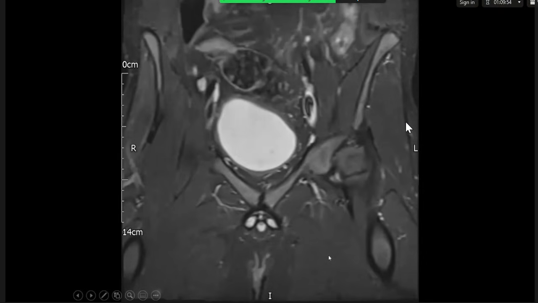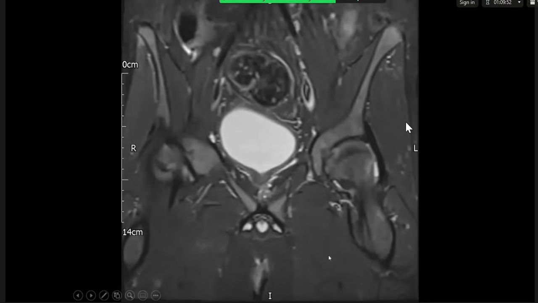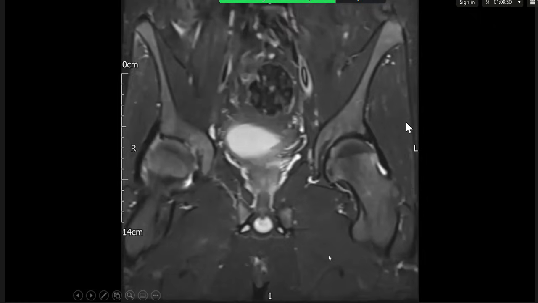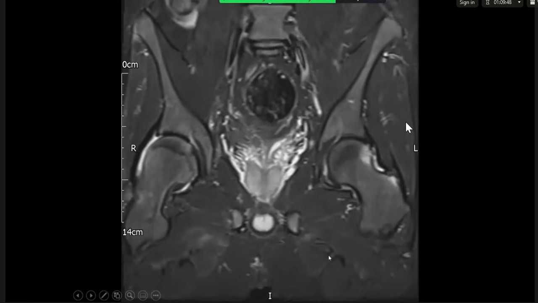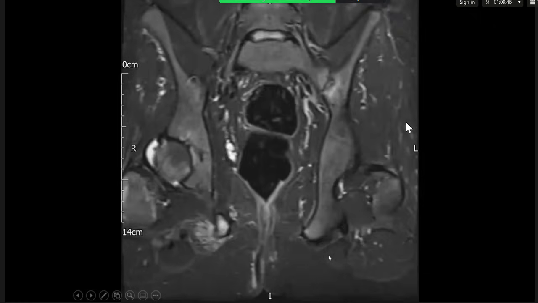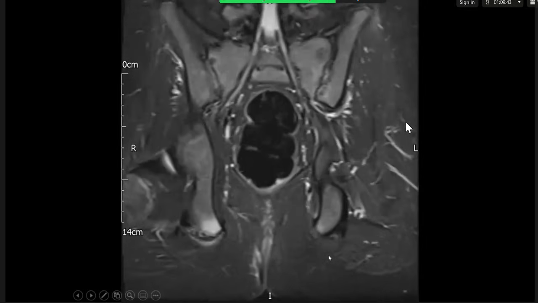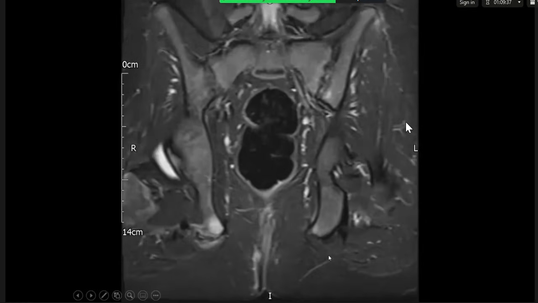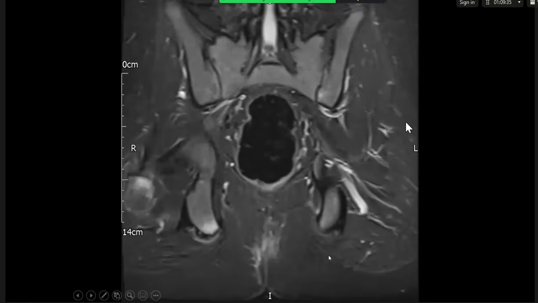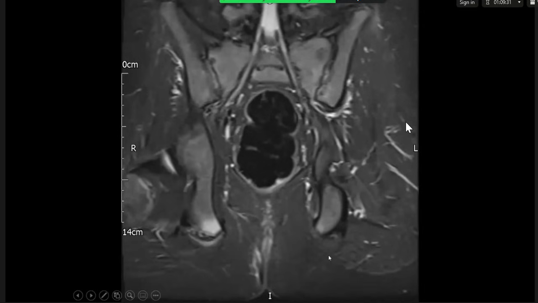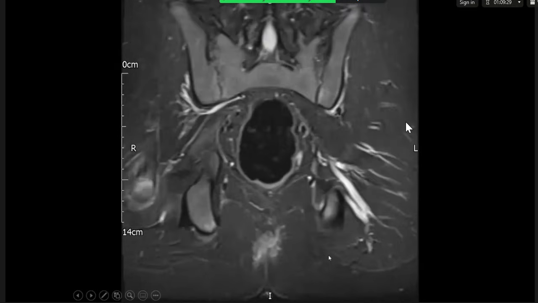So this is a fluid sensitive sequence in the coronal plane. Again, I can see bilateral signal change within the sacroiliac joints. It appears to affect the left sacroiliac joint more than the right, and it affects both the sacral aspect and the iliac aspect of the joints.